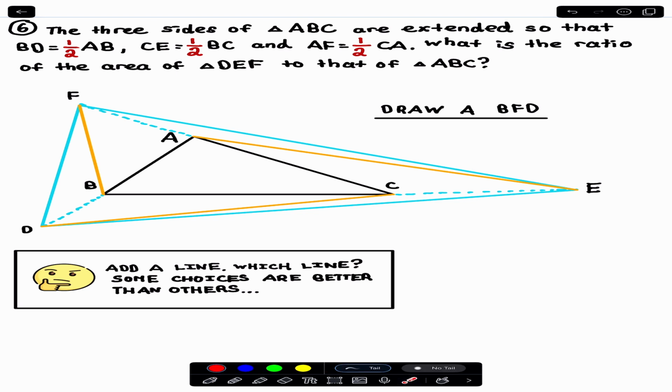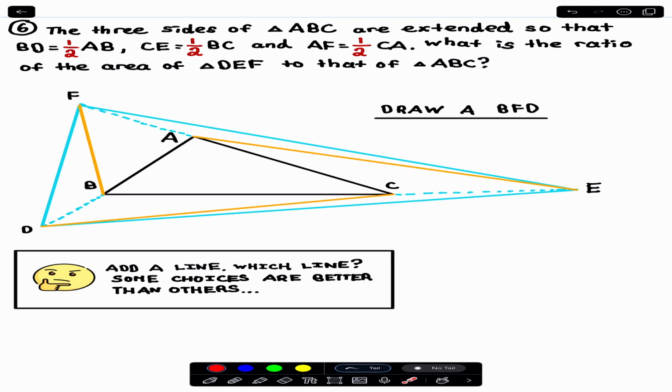So notice the concept of symmetry popping up once again. We draw a line from a vertex of our original triangle to a vertex of the bigger triangle. Original to bigger, original to bigger.